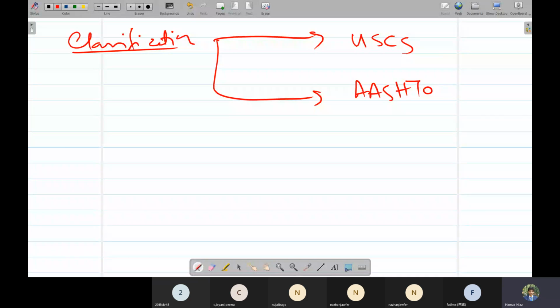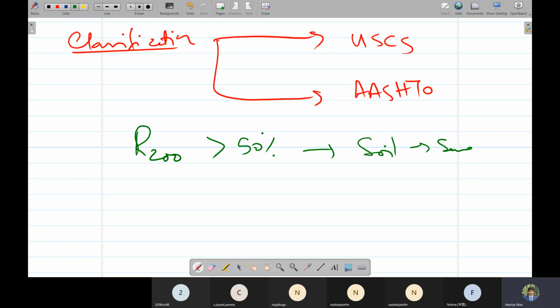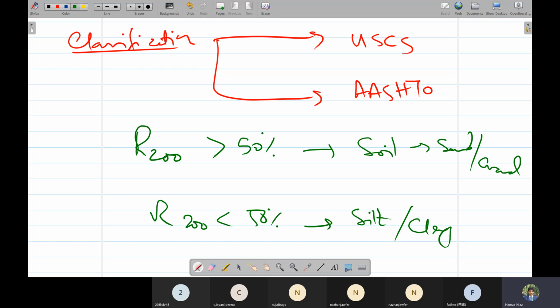So our soil would be sand or gravel. If less is retained, then the soil would be silt or clay.